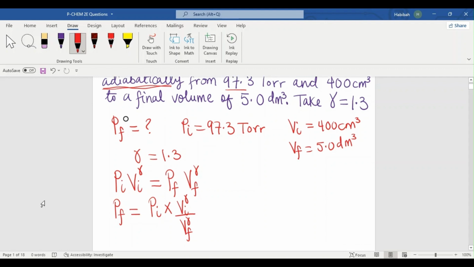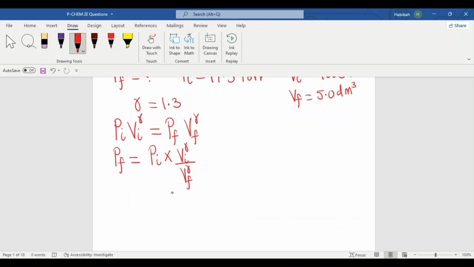Now, this is how you go from this formula to this formula. We did this in terms of P final, but our work is not done. So to proceed, we end up with P final equals P initial times a bigger bracket, V initial divided by V final, raised to the power of gamma.